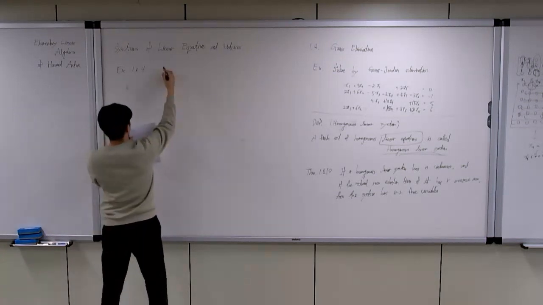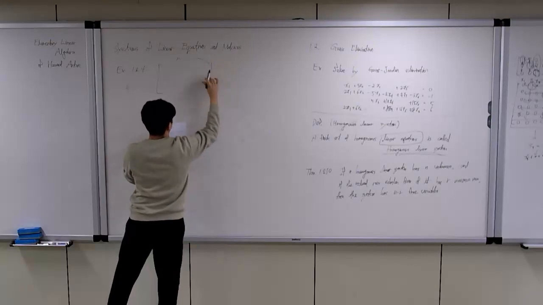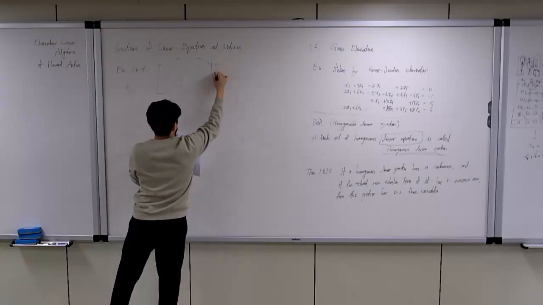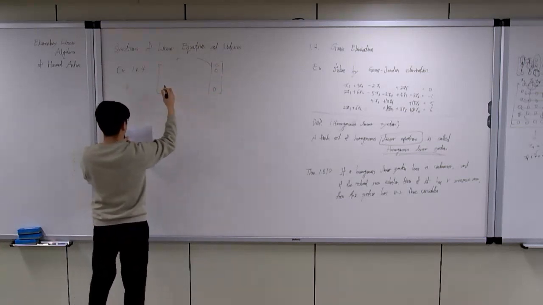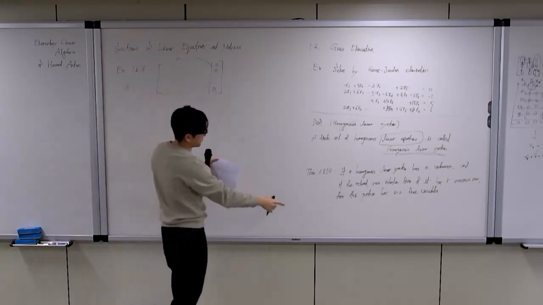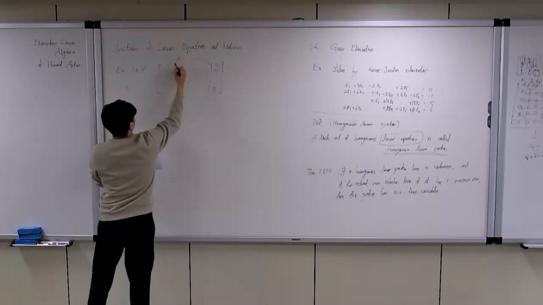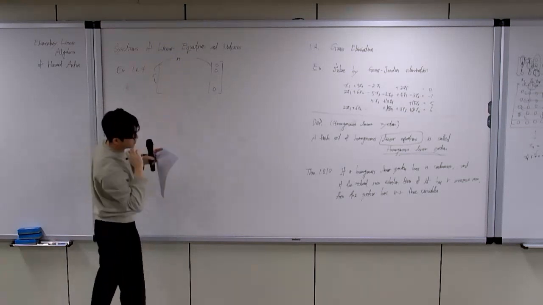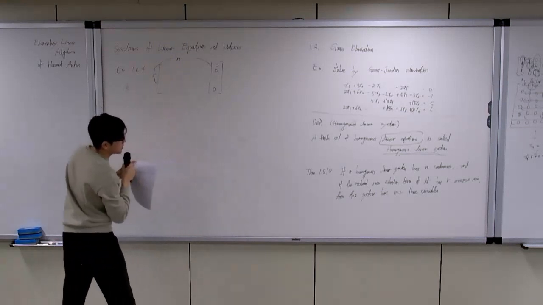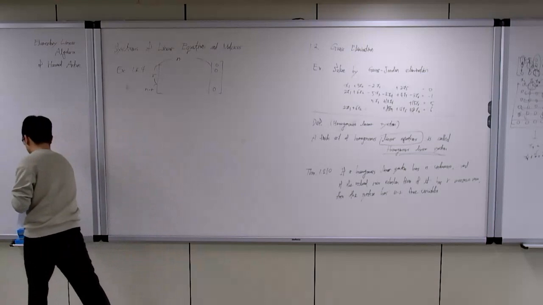Let's consider the situation. We have n variables, and it is a homogeneous polynomial system. The rightmost side is all 0. Suppose there are r non-zero rows, and the other rows are all 0.